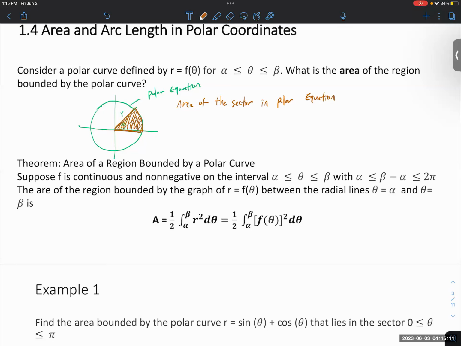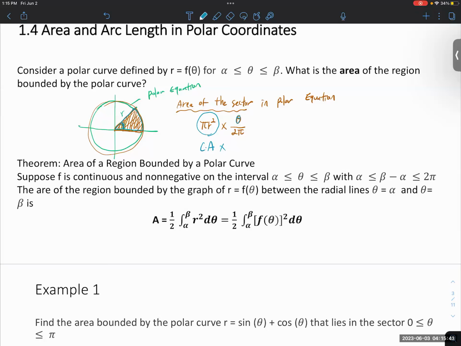And for the area of a sector, we know you have pi r squared. This is the entire circle area, but I'm not looking for the entire circle area. I'm looking for only this piece, which is theta divided by 2 pi.